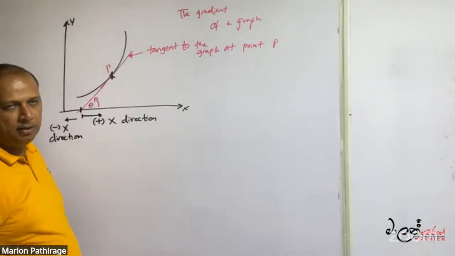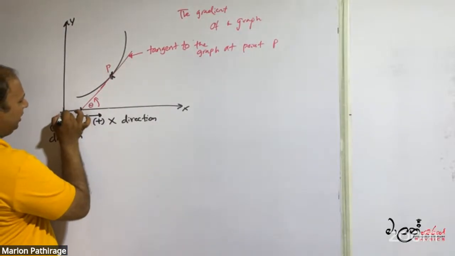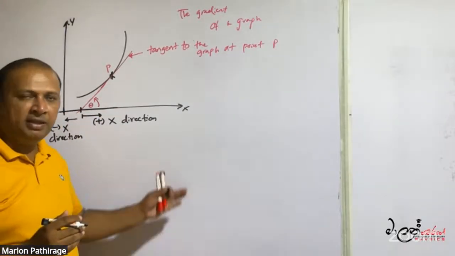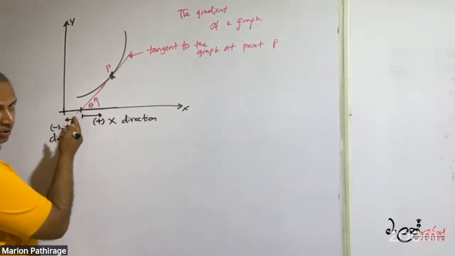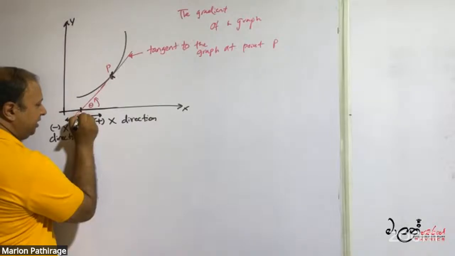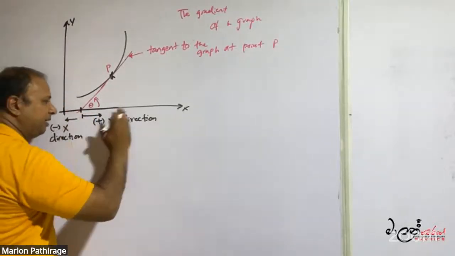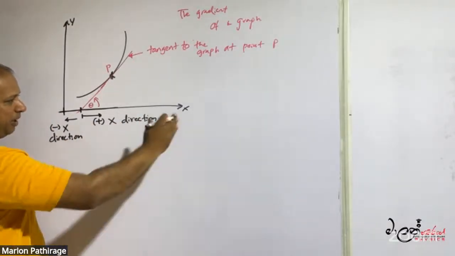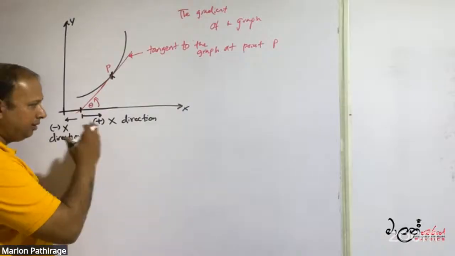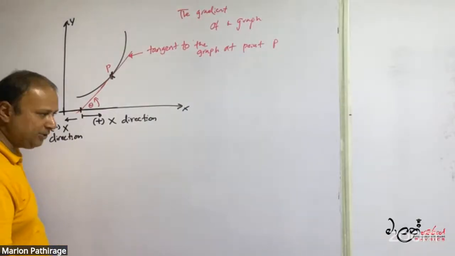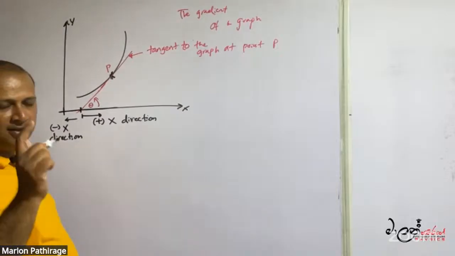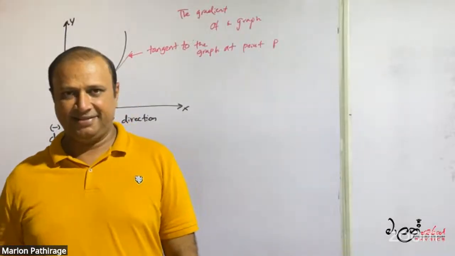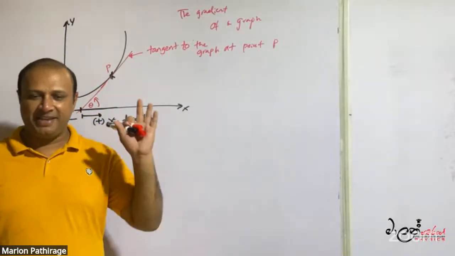You have to take the intersection point. The right-hand side from the intersection point is called the positive x direction, and the left-hand side is called the negative x direction. Is that clear? If it is clear, please raise the hand.